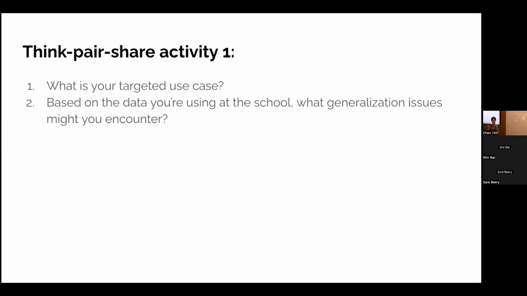I think there's maybe going to be one group of 3, but let's see how it works. And just each of you try to take a really quick minute to describe what you just thought about. So what's your use case and what are the dimensions of generalization that you think you might encounter when you want to use the model for your targeted use case?